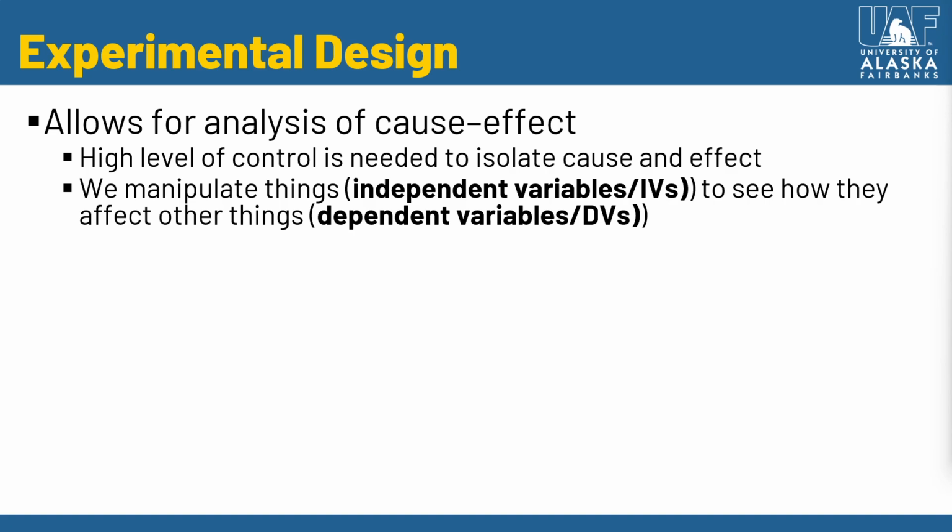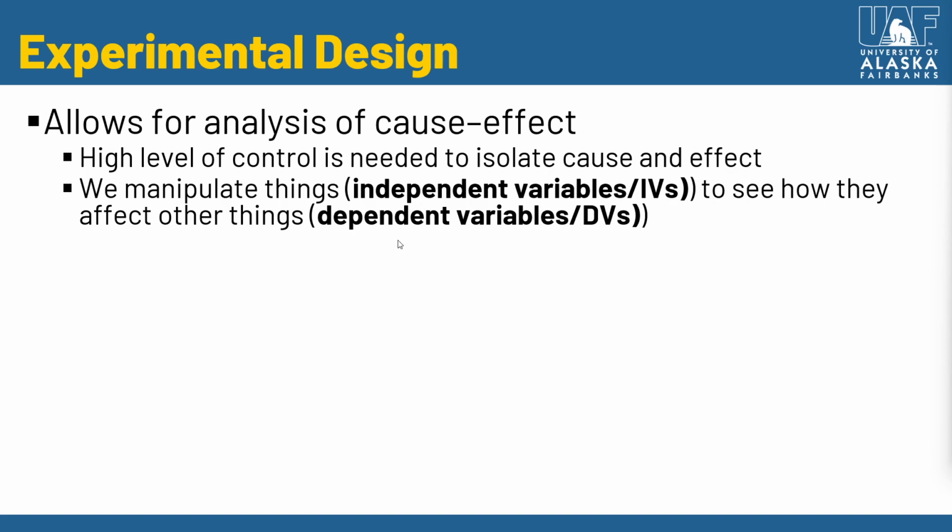And so this is very useful in that we can isolate cause and effect, but it's also typically very resource intensive. It's just hard to do. But in a basic sense, we're manipulating things to see how they affect other things, right? We're manipulating independent variables to see how they affect dependent variables, right?